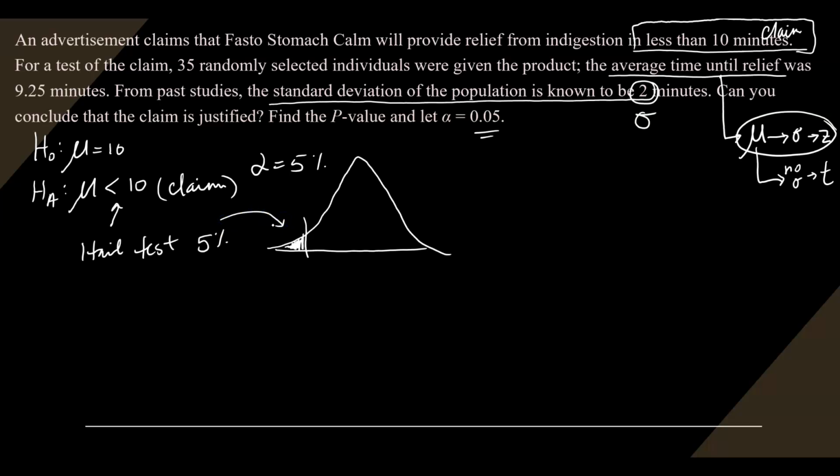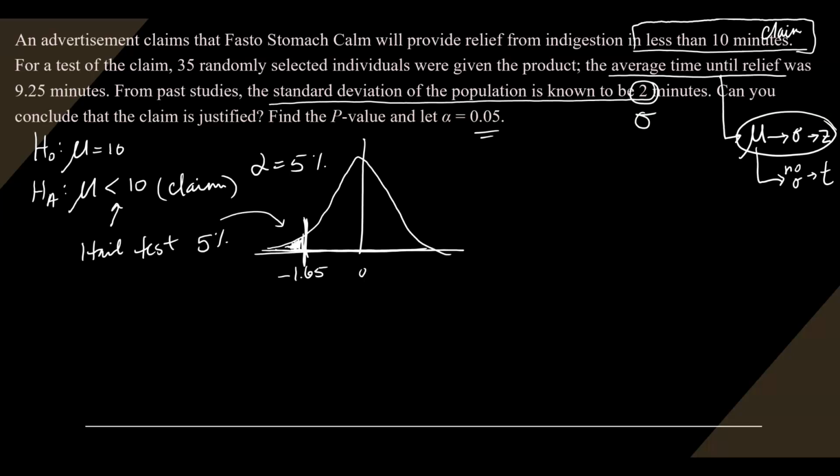So what is that critical value? This critical value is going to be negative 1.65. I want to be in the region that is not just a little bit less, but significantly less, where it is really beyond any doubt significantly less time to relieve the stomach indigestion.